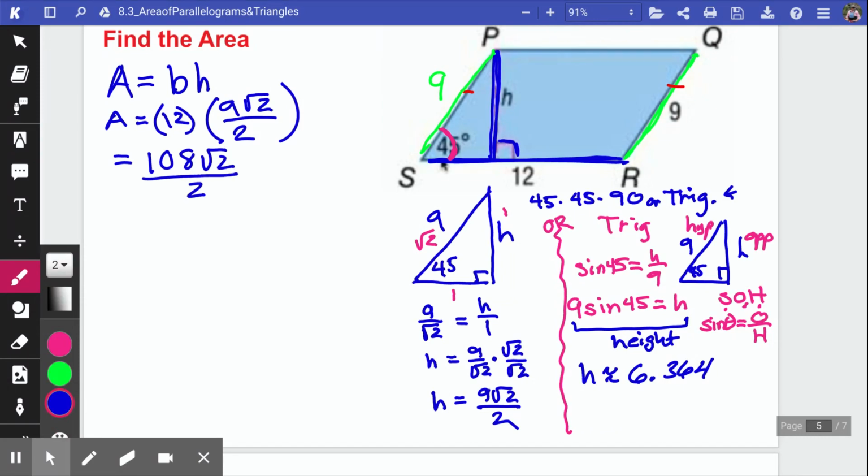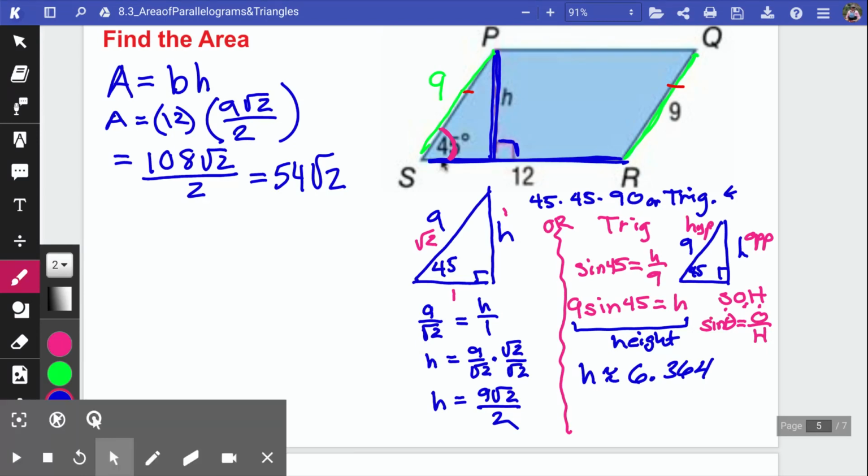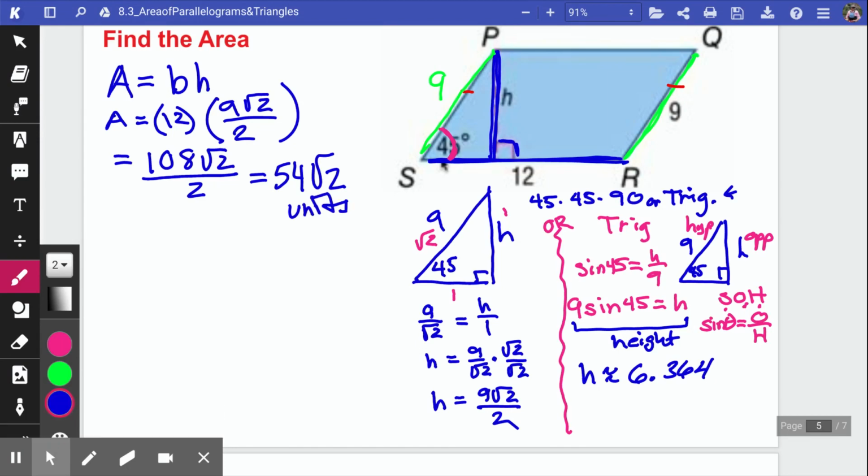I can still simplify that because that 108 can be divided by 2, and I get 54 square root of 2. I don't have units on this question, so that would just be units squared, or if I had feet or inches or whatever, that's what it is. So this right here is my exact answer.